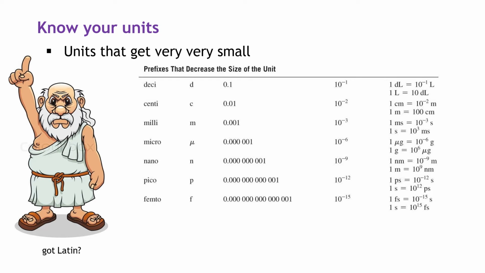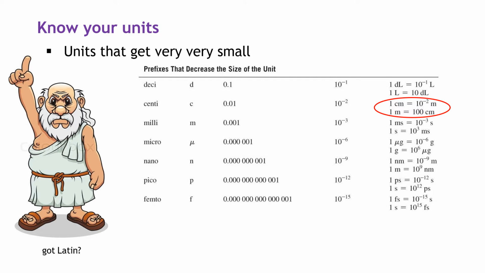So now we've switched from liters to meters, but the principle is still the same. It's gotten even smaller than the deciliter. A centimeter is 1/100th of a meter, as we see here. Again, that can be expressed as 0.01 or 10 to the negative 2. Here we say 1 centimeter is equal to 10 to the negative 2 meters.